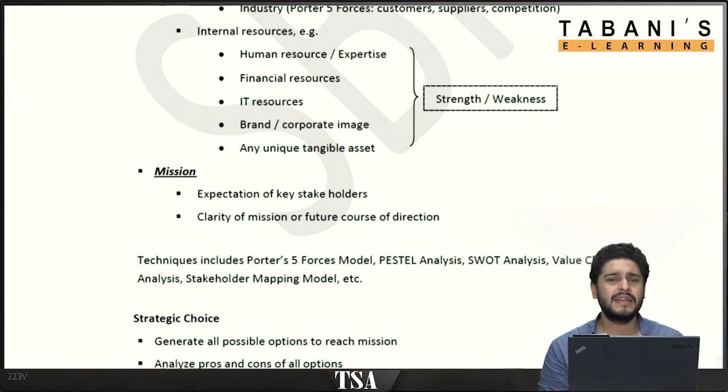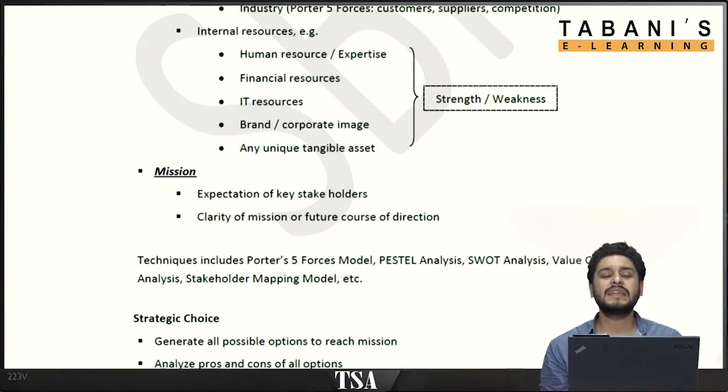Remember one thing in this area: we are talking about the stakeholders, not the shareholders. So this does not only mean the financial missions of the company, but the overall objective of the company. How do we define the overall aim and objective, or make the strategy according to the current economic environment?